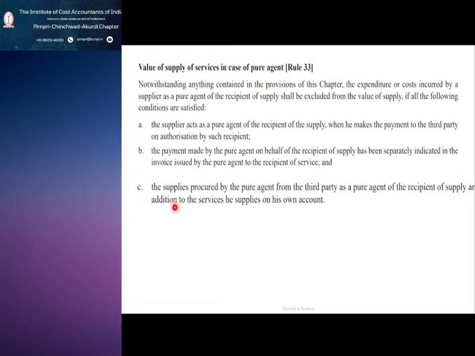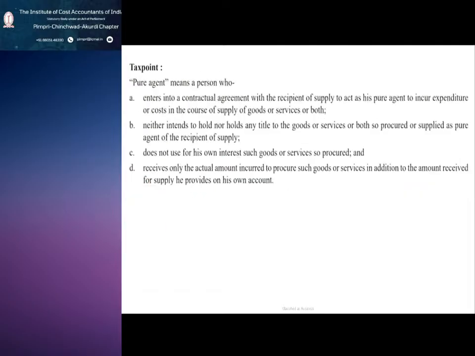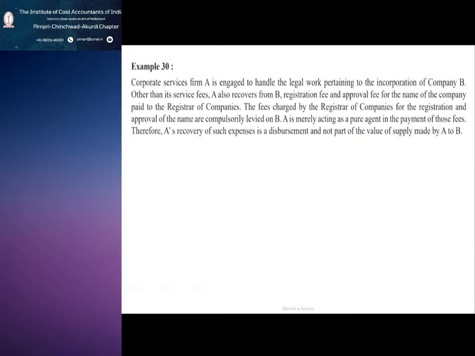Second, the payment made by the pure agent on behalf of the recipient of supply. And third, supplies procured by the pure agent from a third party, in addition to the services he supplies on his own account. So how will you know whether he is a pure agent or not a pure agent?